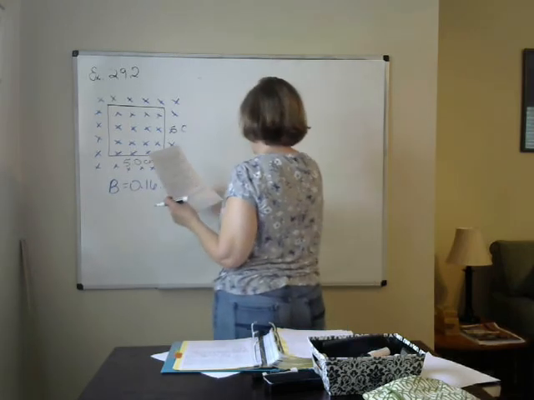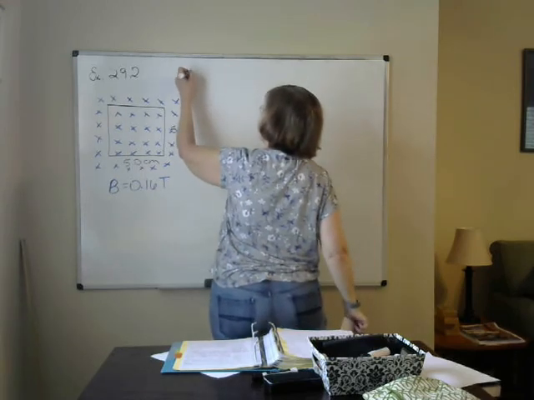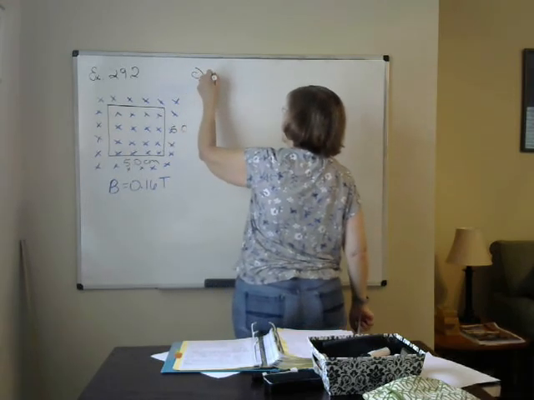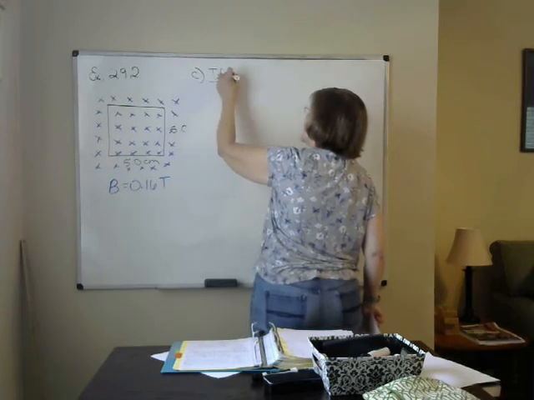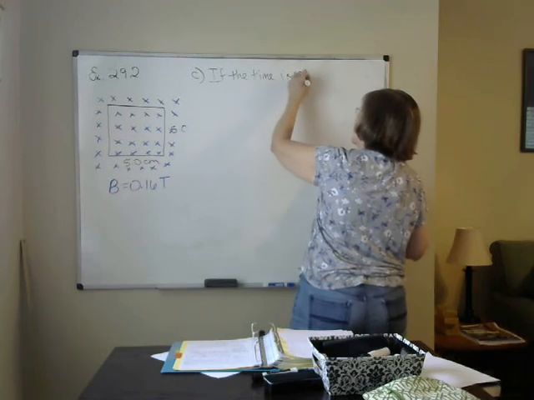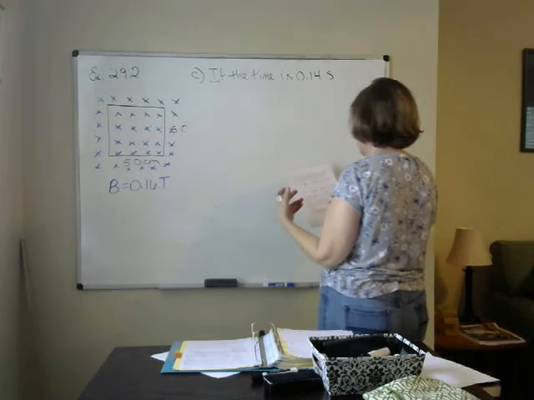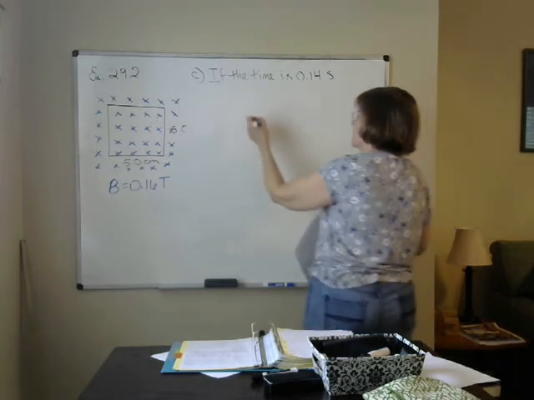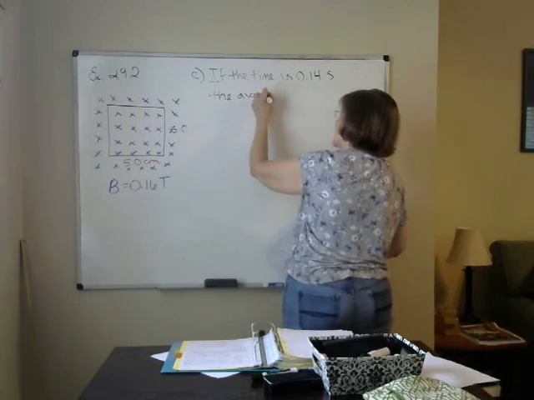So, in part C, we want to do 2 things. If the time is 0.14 seconds, and that's between the first position and the second position, let's see if we can find the average EMF.